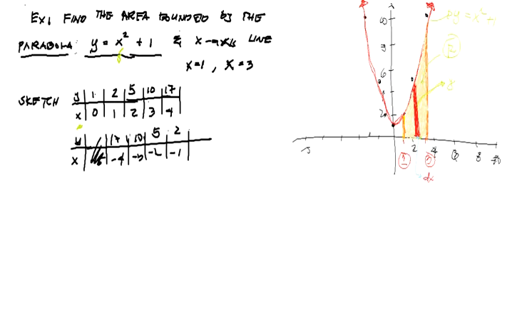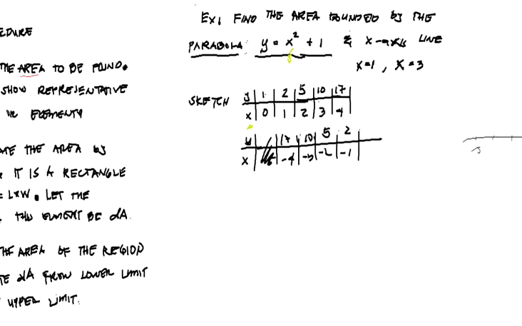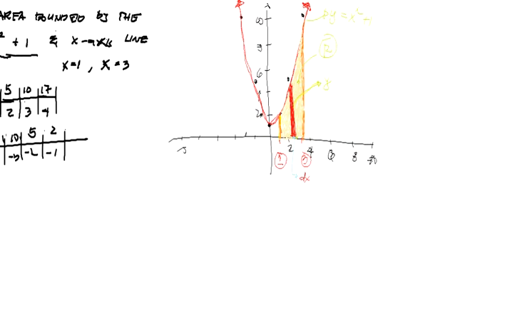Okay, so from here the next step is to approximate the area assuming it's a rectangle. So we have length times width. Let the area of this element be dA. So we let this area be the derivative of A. So we have dA is equal to this element here.